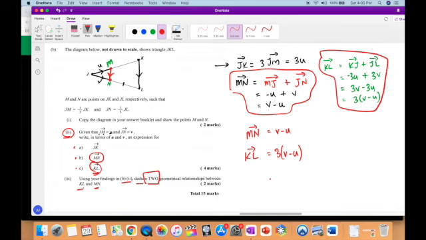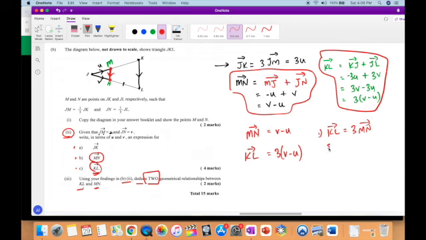They are parallel, yes. MN, which is this guy, and KL, which is this guy, are parallel. Actually, the first one is you're supposed to state that KL is equal to 3 times MN.